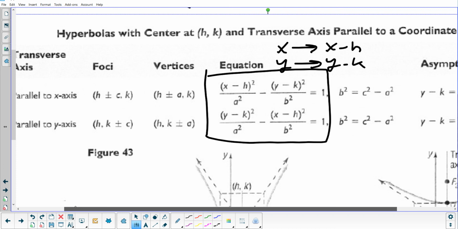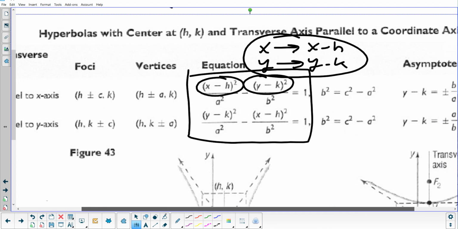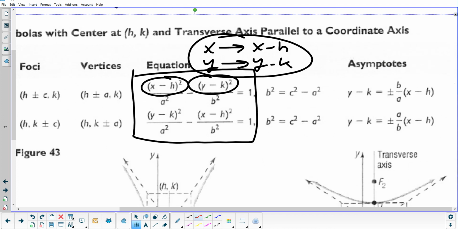Now, this substitution that you have to do not only happens in the numerators, it also happens in the equation of your asymptote. And what that basically does is it turns the equation of your asymptote into basically point slope. This is like y minus y1 equals your slope times x minus x1. This is now point slope.